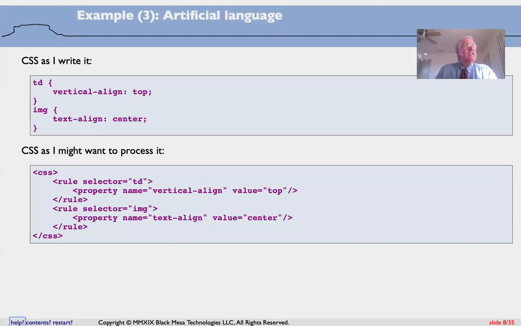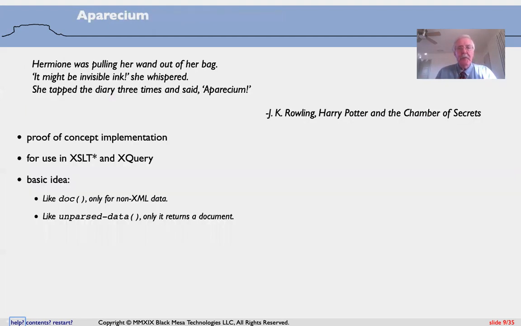Natural language is a nice example, although natural language in its full extent is rather complicated. Artificial languages are maybe an easier move. I write CSS more or less conventionally, but when I process it, I would much rather have it in an XML format, like this one, again, produced by parsing the example at the top with an appropriate grammar.